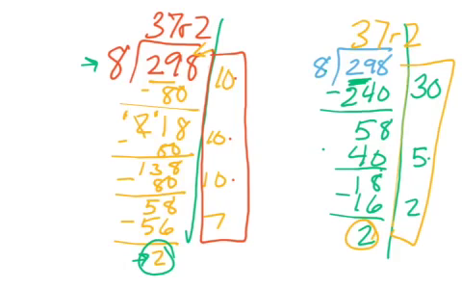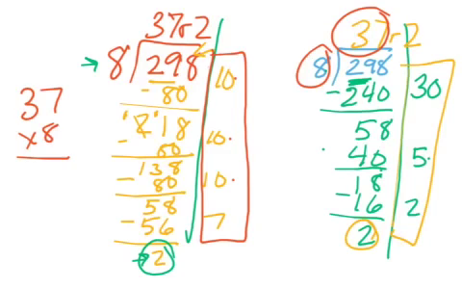Now, I told you before that you can always check division with multiplication, and you can do that even when you have remainders. So let's take a look. I'm going to multiply 8 times 37. 8 times 7 is 56. I carry my 5. 8 times 3 is 24, plus 5 more is 29.